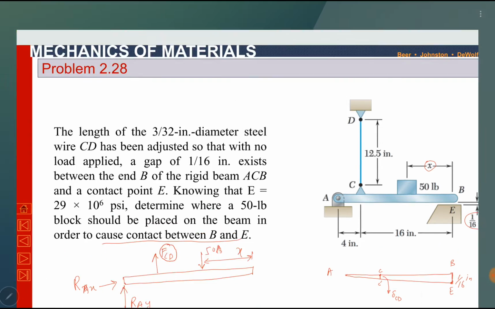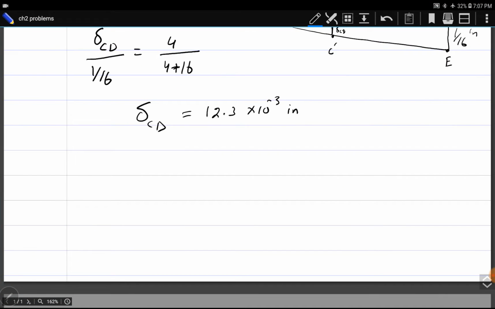For FCD, we have an expression. I will draw the free body diagram here. Here are two reaction forces, RAY and RAX. Then we have FCD at point C.